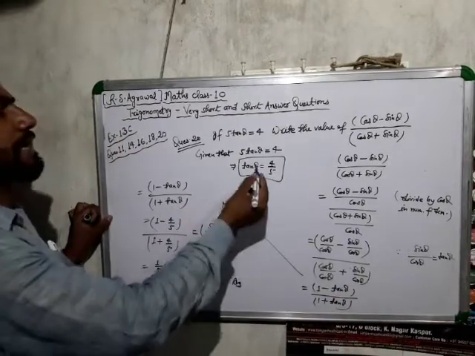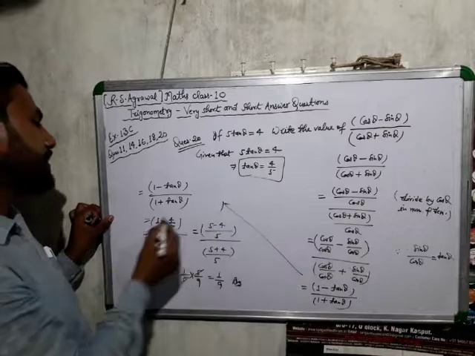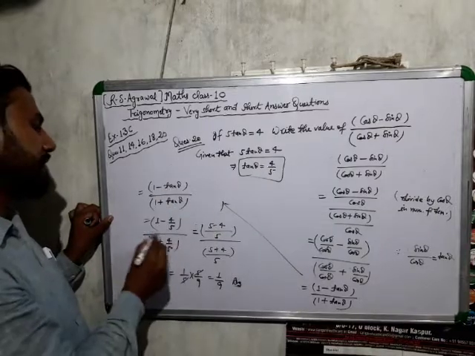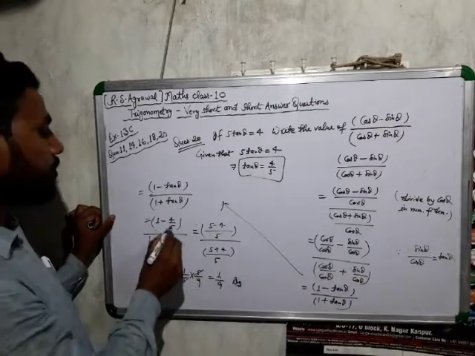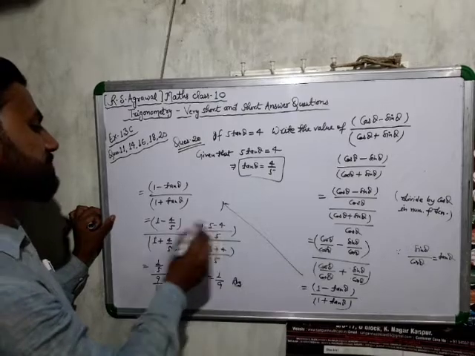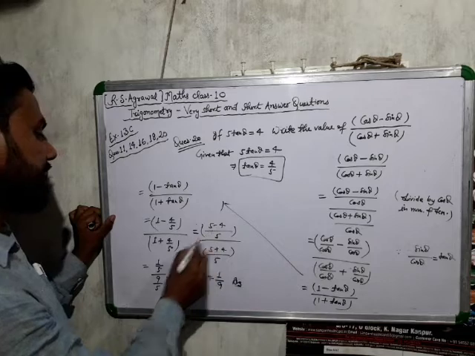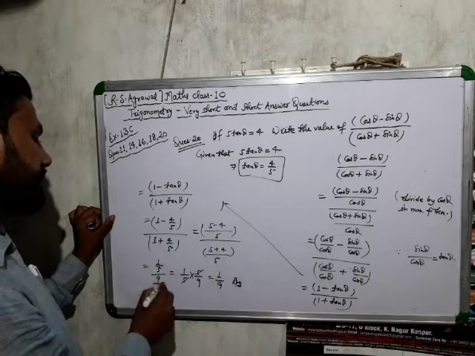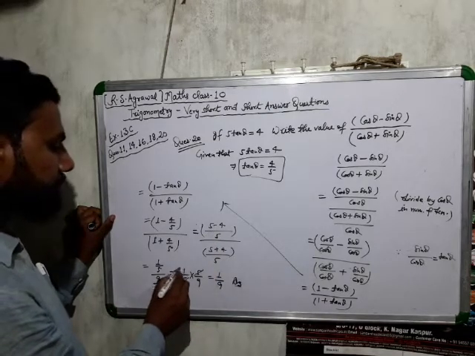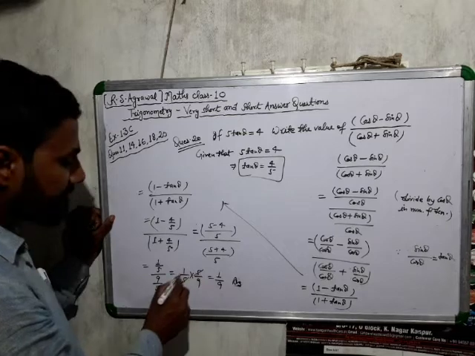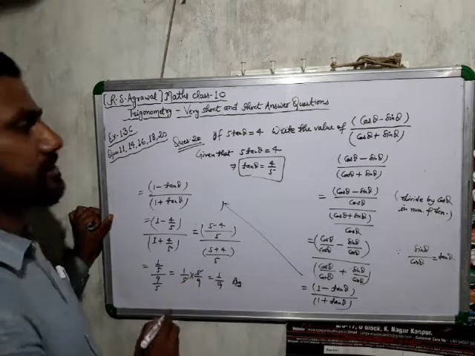Putting tan theta equal to 4 by 5, it is equal to 1 minus 4 by 5 divided by 1 plus 4 by 5. 5 is the LCM, then (5 minus 4) by 5 divided by (5 plus 4) by 5 is equal to 1 by 5 divided by 9 by 5, which is 1 by 5 multiplied by 5 by 9. 5 and 5 cancel, and it is equal to 1 by 9. This is the answer.